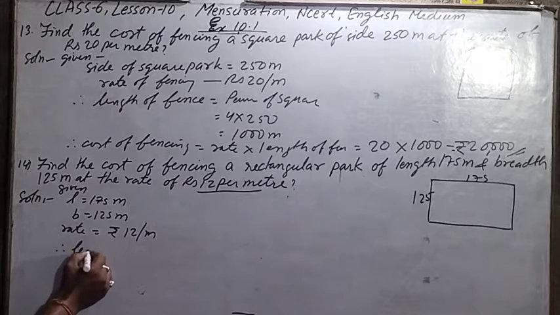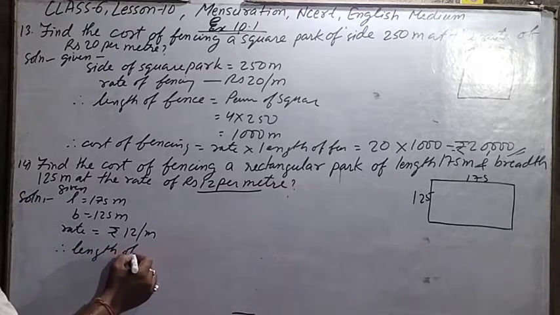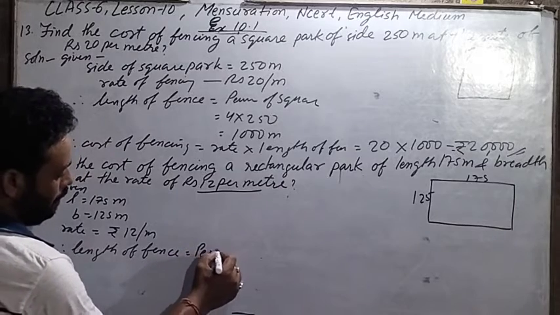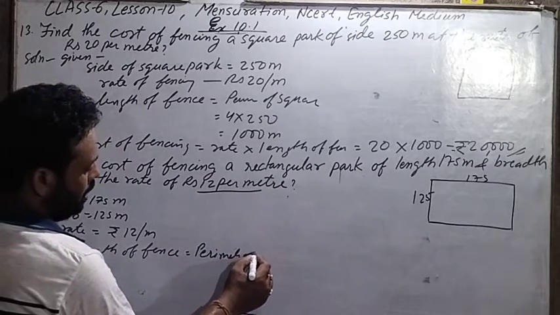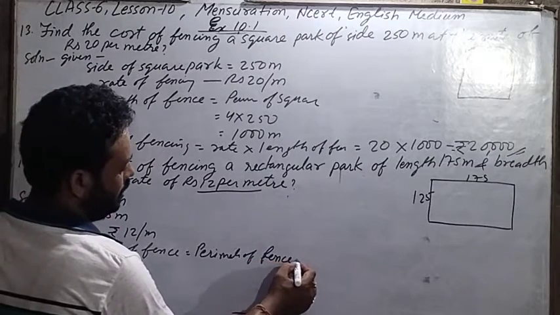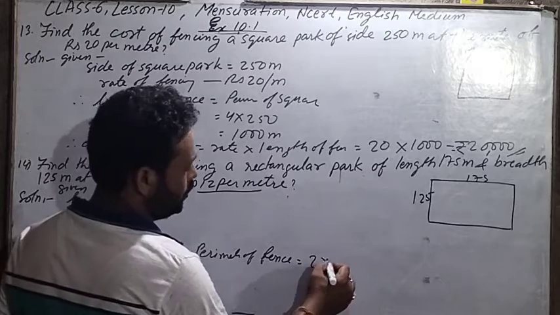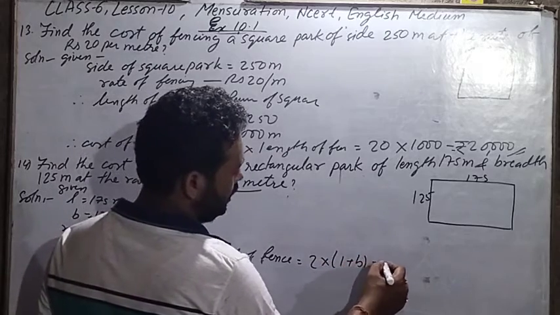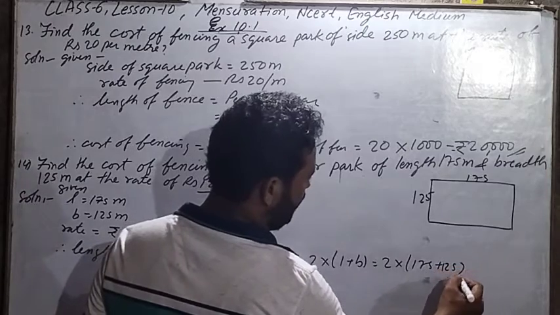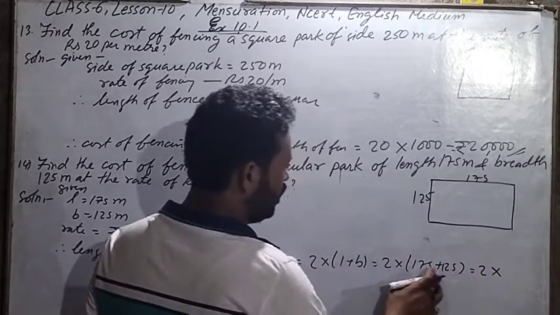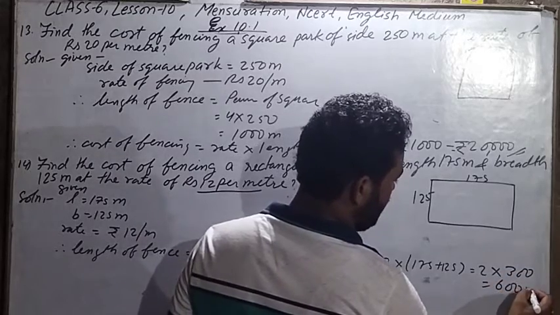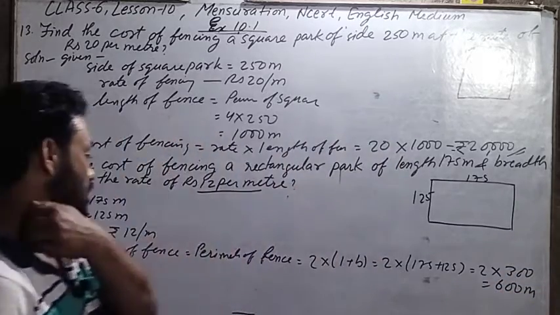Therefore length of fence is equal to perimeter of fence, that is equal to 2 into (L plus B), that is 2 into (175 plus 125), that is equal to 2 into 300, that is equal to 600 meter. Length of fence is equal to 600 meter.